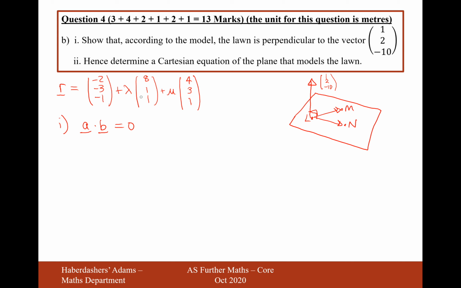So I'll test it with LM first. (8, 1, 1) dotted with (1, 2, -10) is going to equal 8 plus 2 minus 10 equals 0. Good, so that is perpendicular.